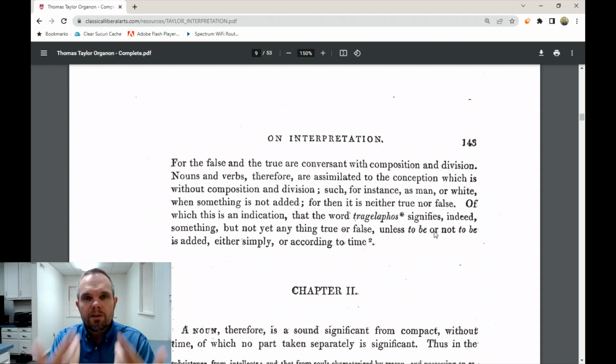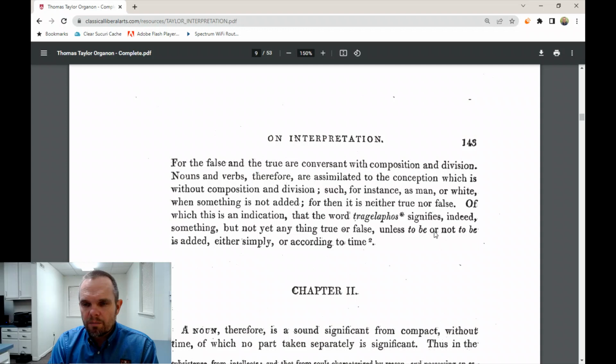When we make that judgment, then we have truth or falsehood. But in sun, there is no truth or falsehood. In cold or hot, there is no truth or falsehood. Unless we join them or divide them, those judgments are true or false.